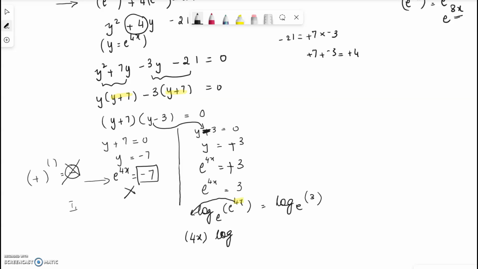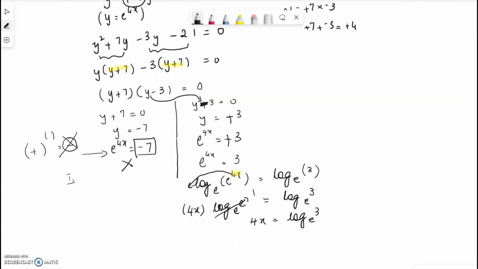We're left with log e to the base e, and that's equal to log 3 to the base e. Log e to the base e is a 1. So 4x equals log 3 to the base e. We solve for x. So x equals log 3 to the base e divided by 4. You can enter it into your calculator and round it to any decimal place value that you want.